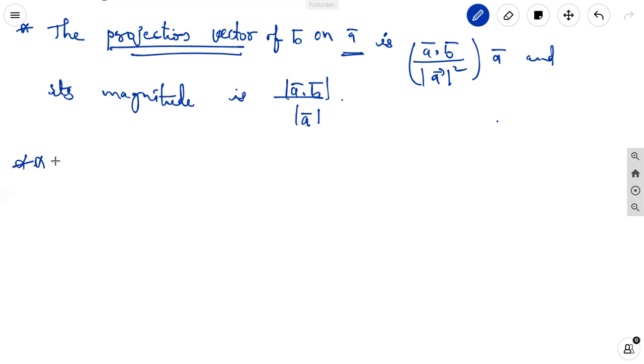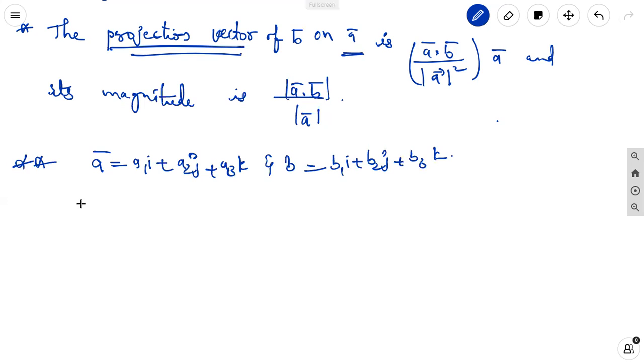And if A vector is equal to a1 i plus a2 j plus a3 k and B vector equal to b1 i plus b2 j plus b3 k, then the dot product of the two vectors, A vector dot B vector, equals a1 b1 plus a2 b2 plus a3 b3.